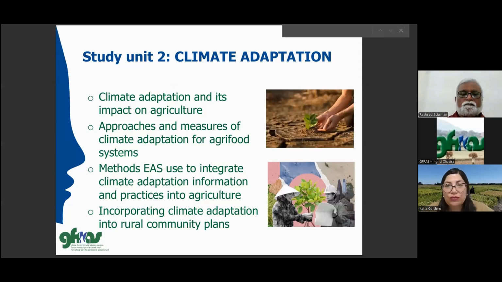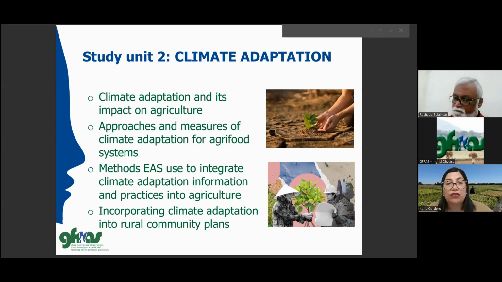So study unit 2 is focused, as Rashid mentioned before, on climate change and climate adaptation. It covers the concepts of climate adaptation, the impact on agriculture, and the approaches and measures of climate adaptation for agri-food systems.